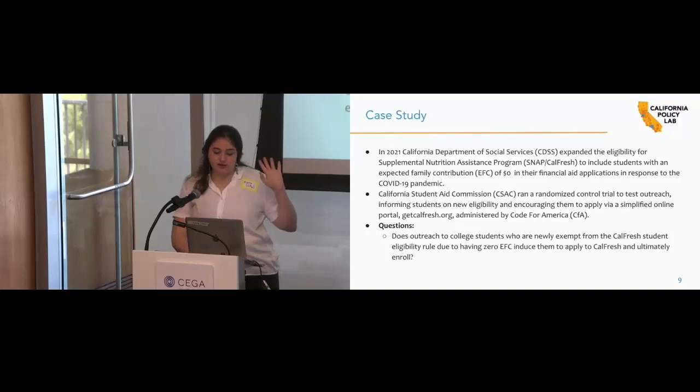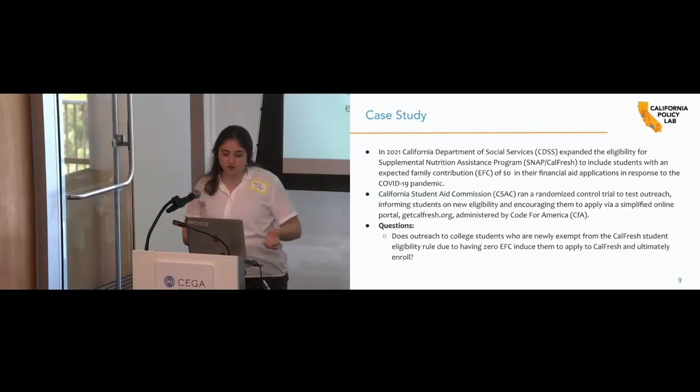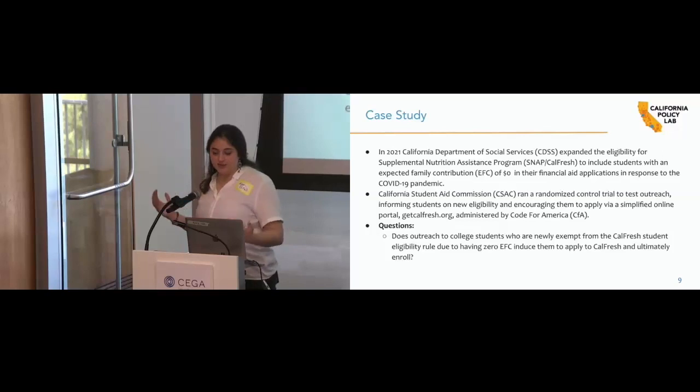So I'm gonna talk about a brief case study of a project that we did here at CPL a couple months ago. The Department of Social Services expanded the eligibility for their supplemental nutrition assistance program, which is called CalFresh here in California, to include students that had an expected family contribution of 0 in their financial aid applications.